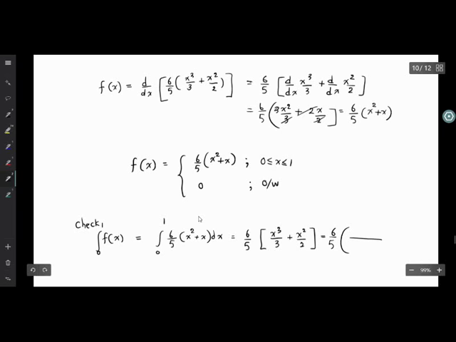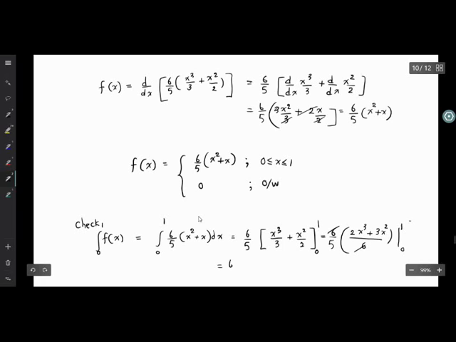So let's try to get the common denominator. This is 2 times x cubed plus 3x squared, evaluated from 0 to 1.